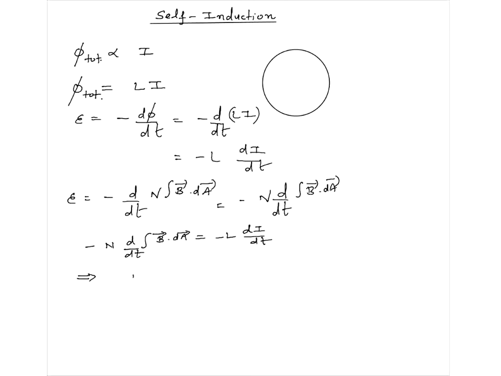So this is same as writing n times integral B dot dA equal to Li. Basically integrating both sides with respect to t, that's it.